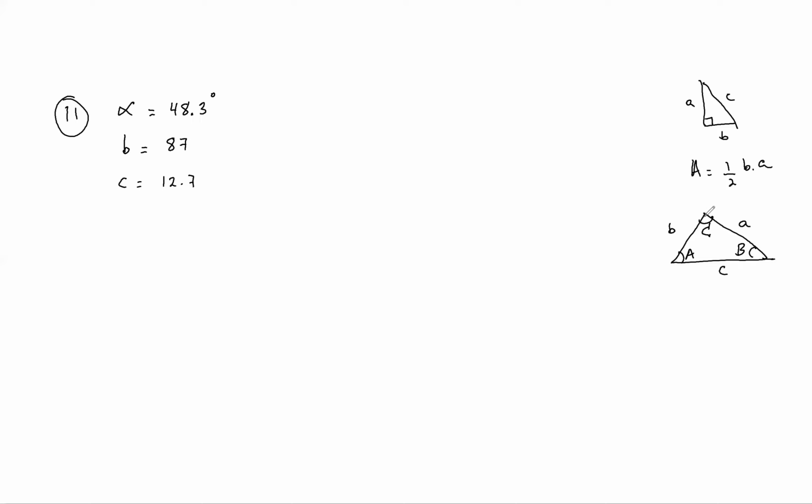If you want to know the area using the capital A, or using the capital B, or using the capital C: if I start with the capital A, I say the area will be 1/2 b times c times sine of capital A. What happens if you want to start in B?